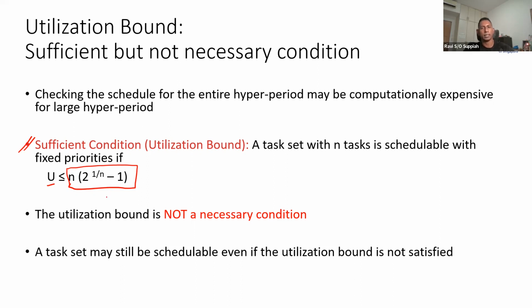The interesting thing is this utilization bound is not a necessary condition, but it is a sufficient condition. What does that mean? It means if I satisfy this, then I can immediately say it is schedulable. But even if I don't satisfy this, I may still be able to schedule the tasks within the deadlines.